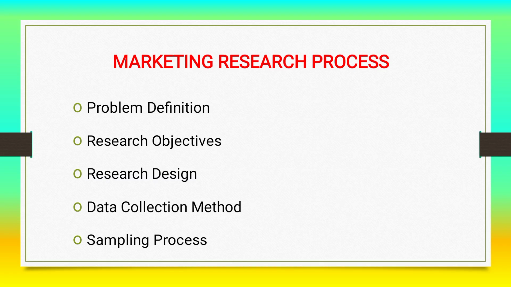This involves identifying the specific issue to be studied, whether it's understanding customer preferences or evaluating a new product idea or assessing market potential. A well-defined problem sets the direction for the entire research process and ensures that the research objectives are aligned with business goals.